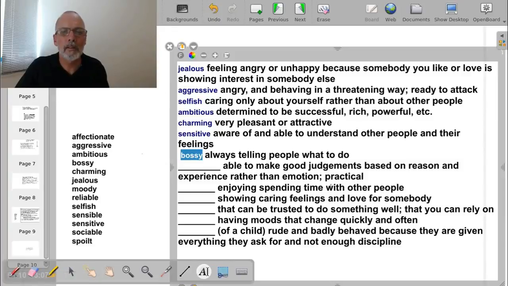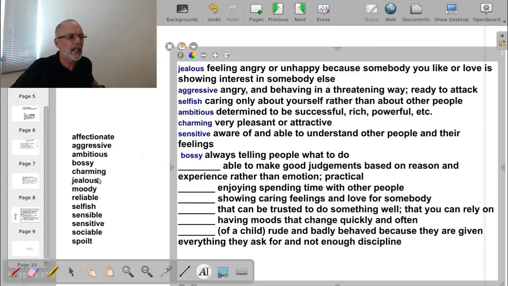The next one, able to make good judgments based on reason and experience rather than emotion.